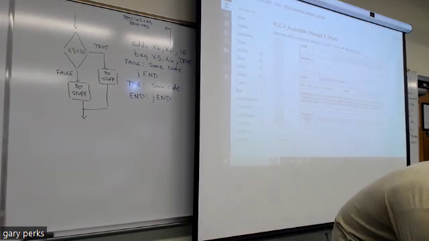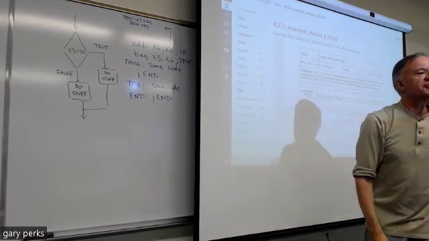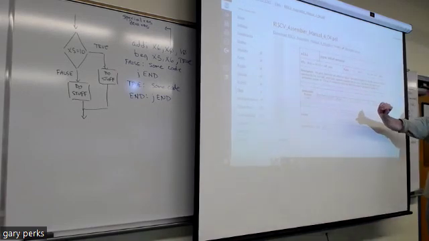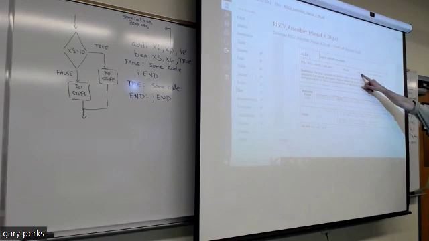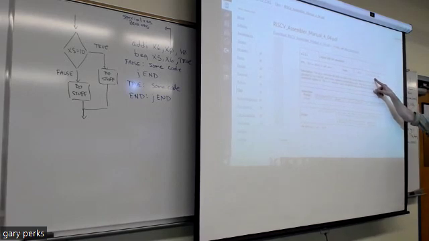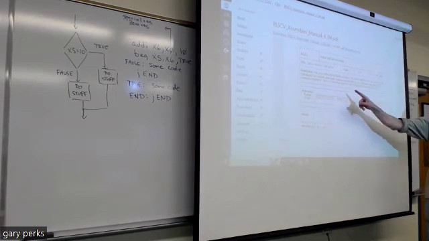Look, the next instruction is logical shift left immediate. It's got the I there for immediate, and RD like before, RS1 like before, but it doesn't have an RS2. Instead, it has shift amount, and that's the immediate.